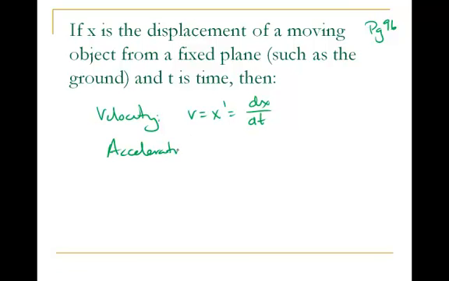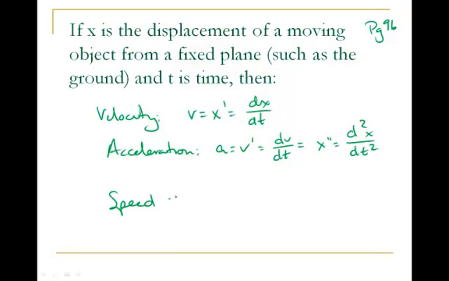Acceleration is v prime or dv dt, or x double prime, d squared x dt squared. And the other thing that I just want to recap for you is that speed is equal to the absolute value of the velocity. We don't often talk about speed except when we're talking about speeding up or slowing down. Okay, that's it for 3.5.